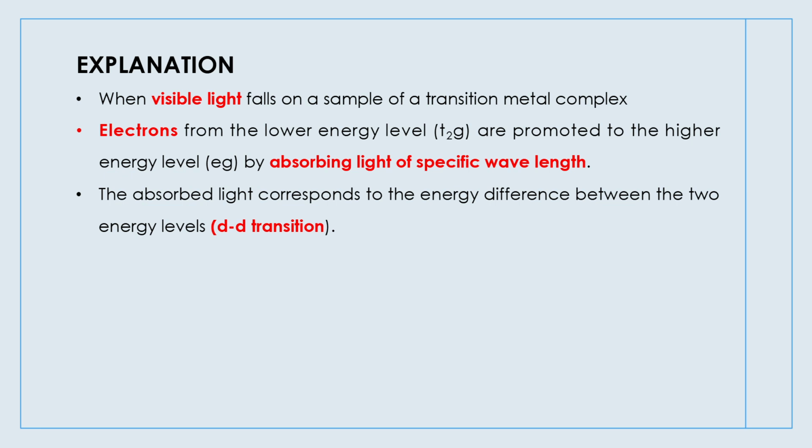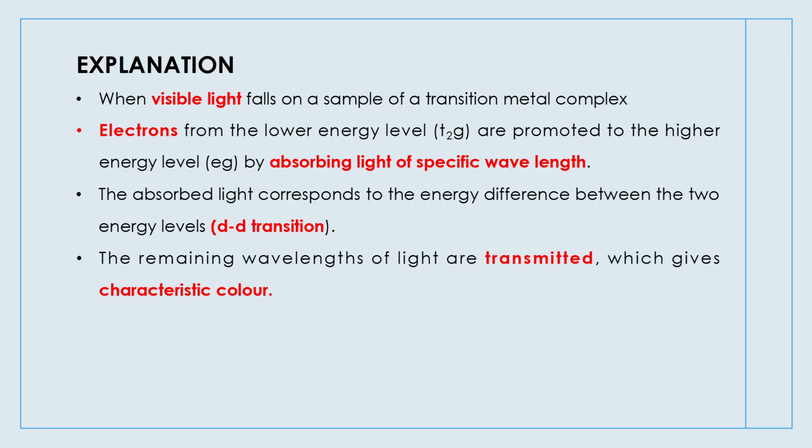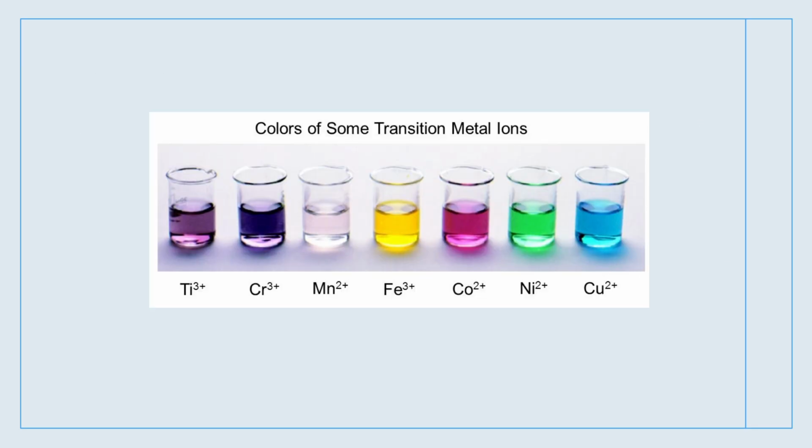Why d to d transition? Because we are involving the splitting of the d orbitals. So d to d electronic transition will take place. When the electronic transition takes place, the remaining wavelengths of the light are then transmitted, which gives the characteristic color to the complex.